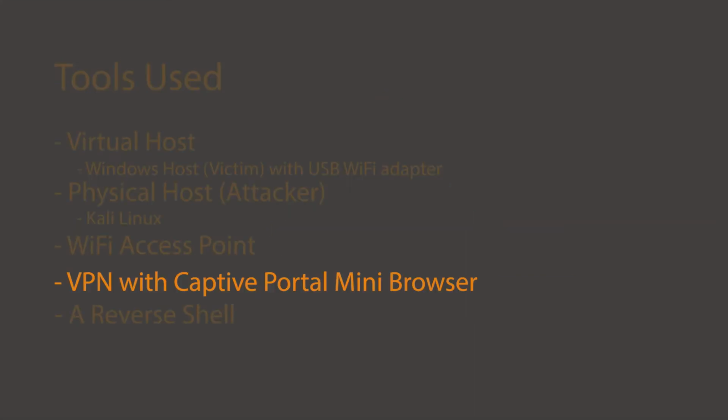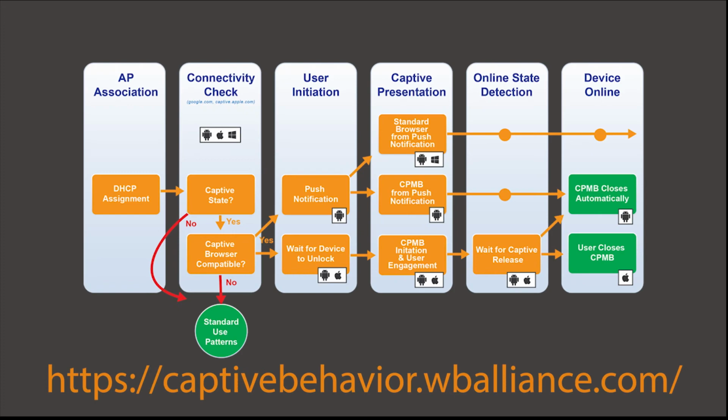Next, for this whole premise to work, we're going to need a VPN with a captive portal mini browser to mitigate interacting with captive portal websites. It is something that is defined through the Wireless Broadband Alliance process that speaks to how captive portal mini browsers should behave, or actually just records it anyway.